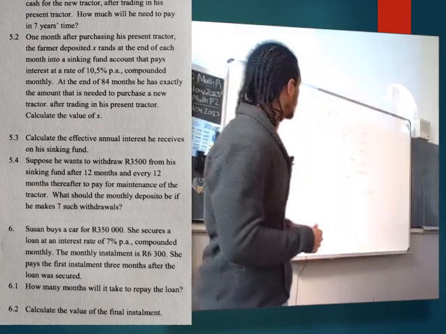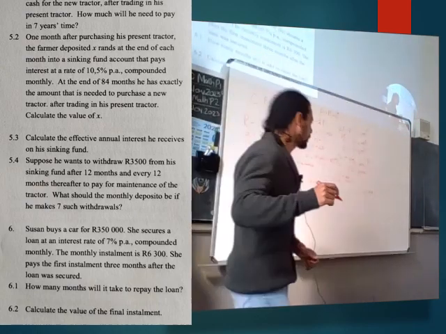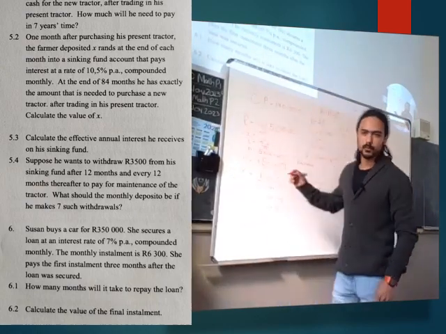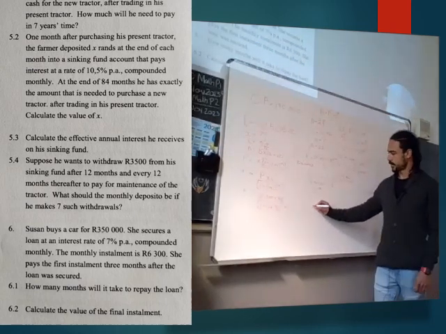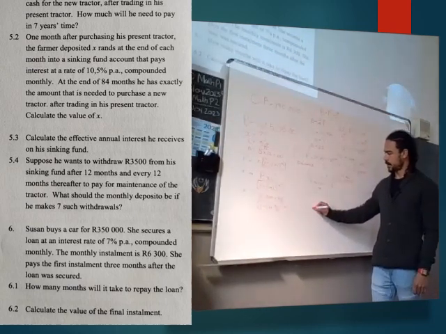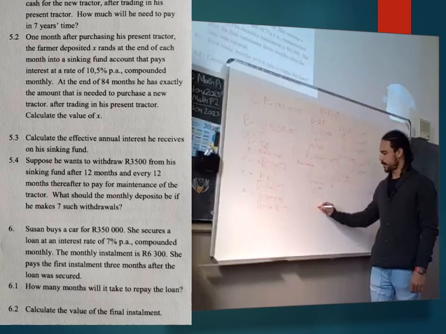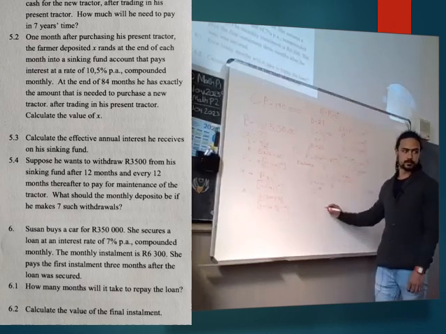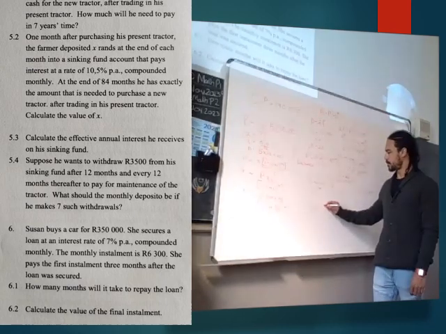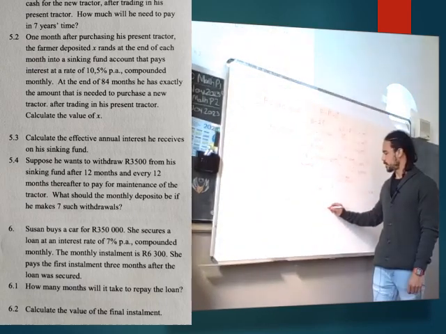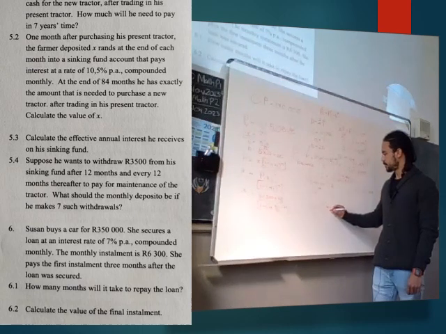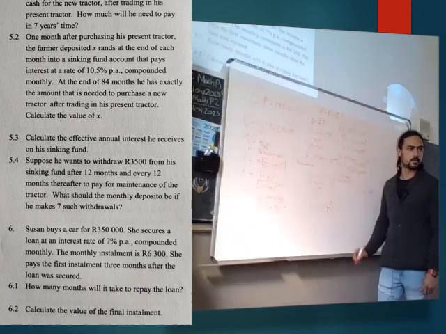So let's do that one together, perhaps. How does my formula look again? i effective equals bracket 1 plus i of the nominal over m, to the power of m, minus 1.